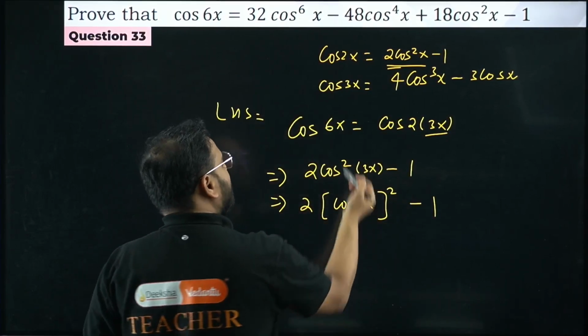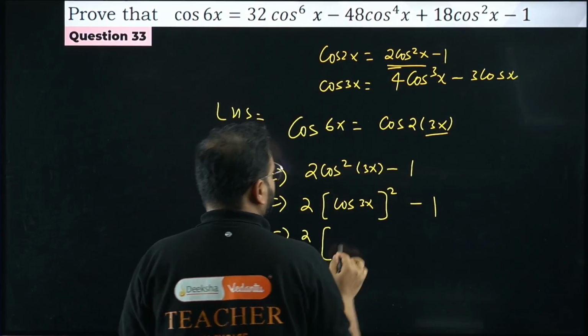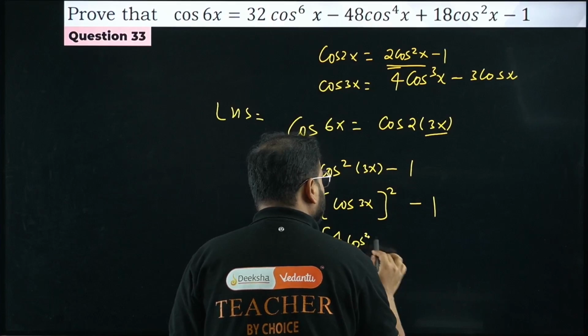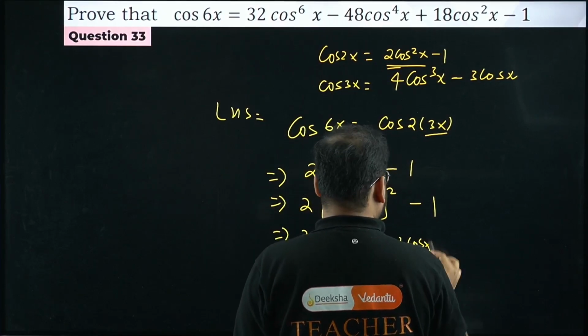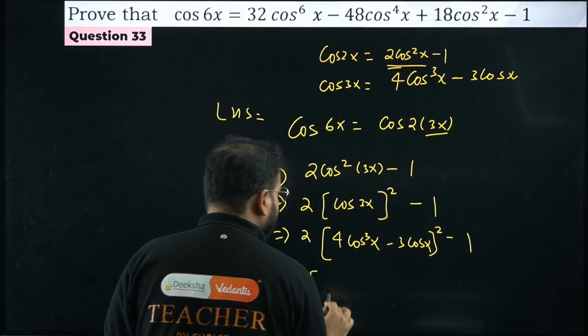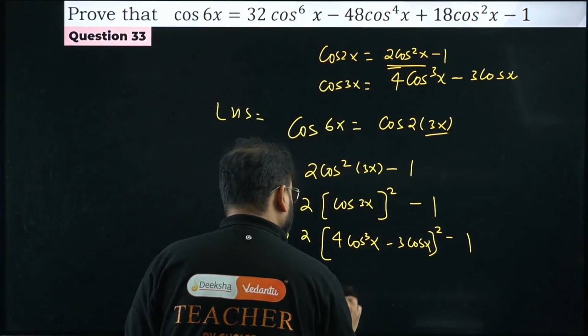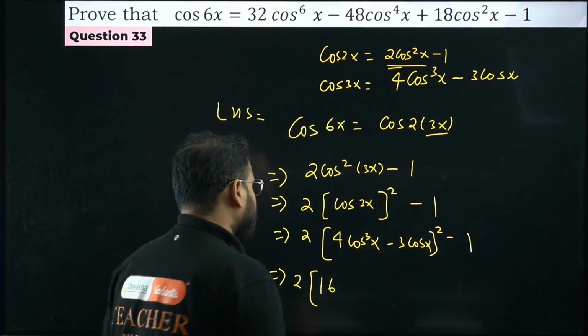Cos square means the whole square only. Okay, now write the formula of cos 3x. This formula: 2 times of 4 cos cube x minus 3 cos x, the whole square, minus 1. Can you do that now? Please check. 2 is outside here, whole square, no? So 4 square is 16, sir. Cos cube square will be cos power 6.